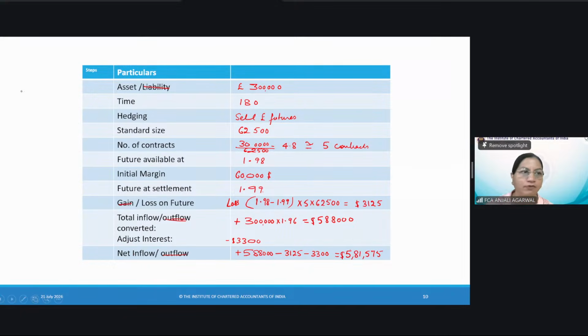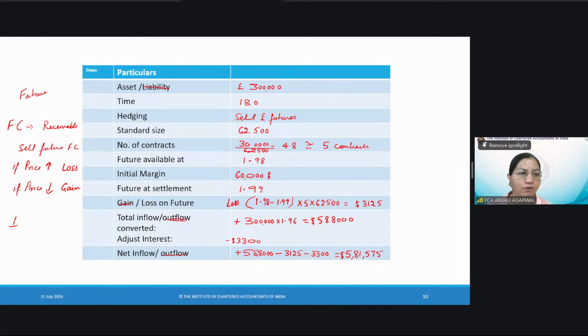So this is how futures will work. Whatever the foreign currency is, if it is receivable, sell futures of the foreign currency. And if the price increases, there will be loss. And if the futures price decreases, there will be gain.